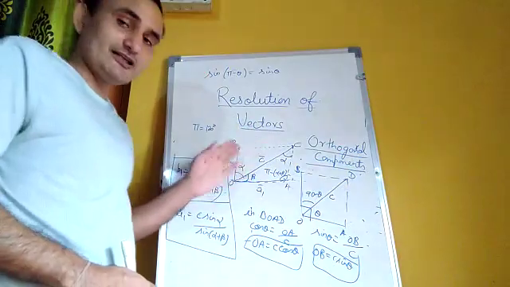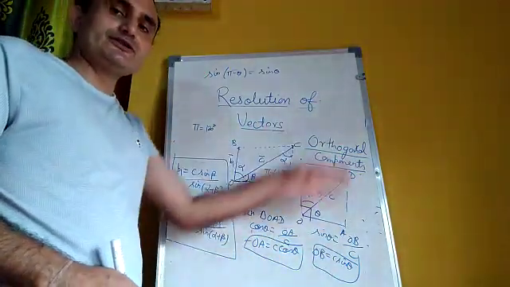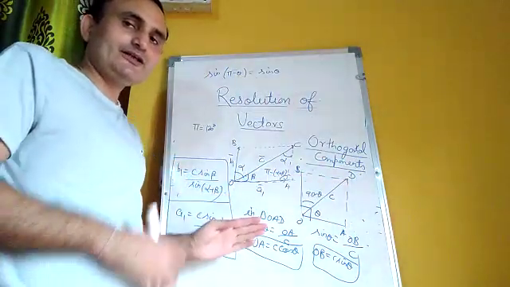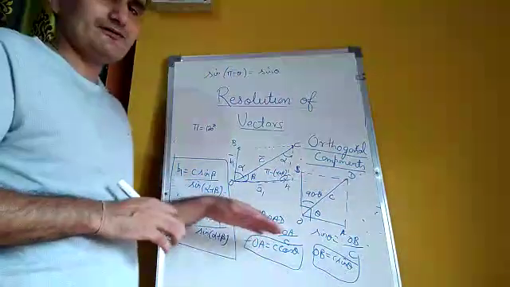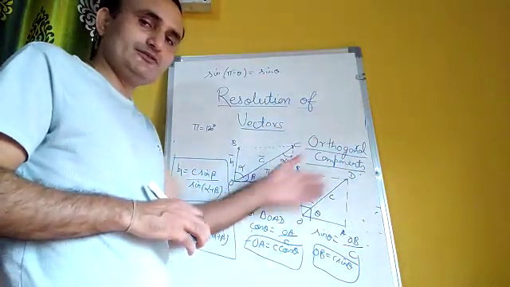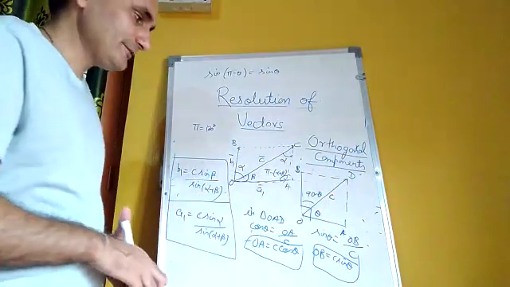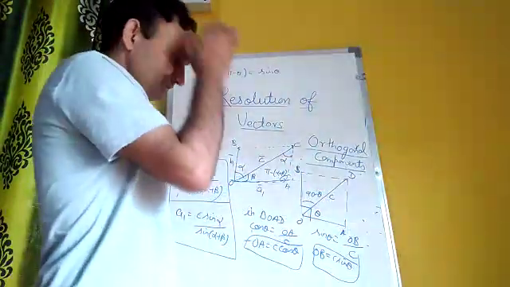So this is a general resolution that we have done here, and this is the most commonly used resolution that you will use from here till whichever class you are studying physics. You will use it in 11th, 12th, in BSc, in MSc, in BTech, everywhere. So this is the most used.